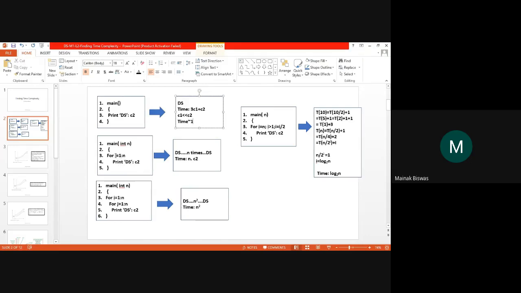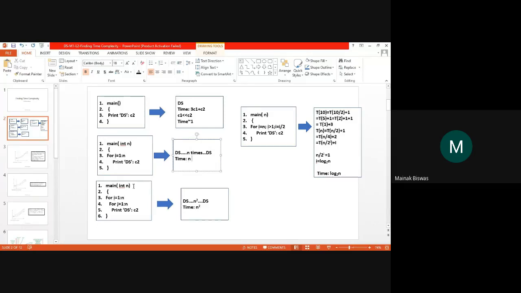N times, because the for loop is running from I equal to 1 to N. So N times C2, and we have already said C2 is 1 second. So as a function of the input N, it will run for N seconds, right?